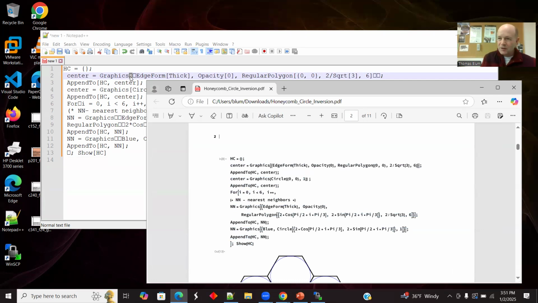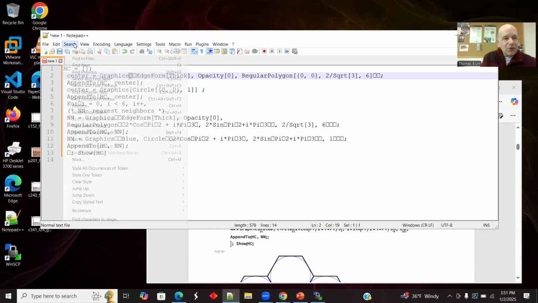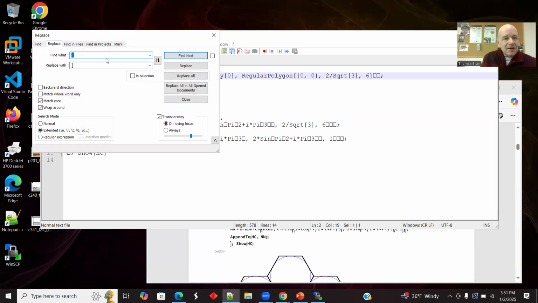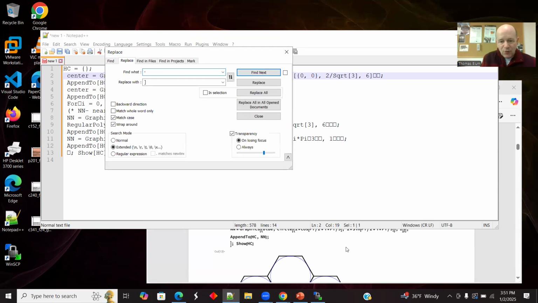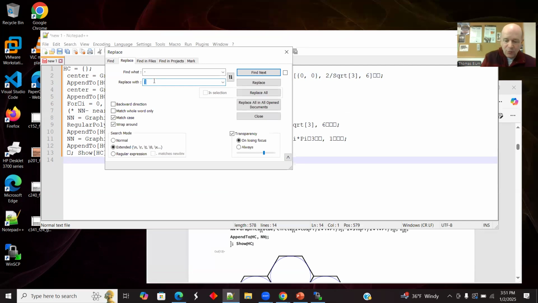I can do find and replace all: copy this character, do a search, replace, paste that up there, Control V. That first thing was a square bracket, so I replace it with an open square bracket and do a replace all.